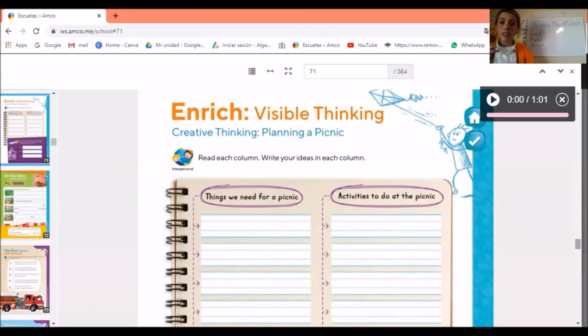Now, activities to do at the park. Please help me. Tell me, what can we do in the park? Very good. We can play on the swings. Read a book.